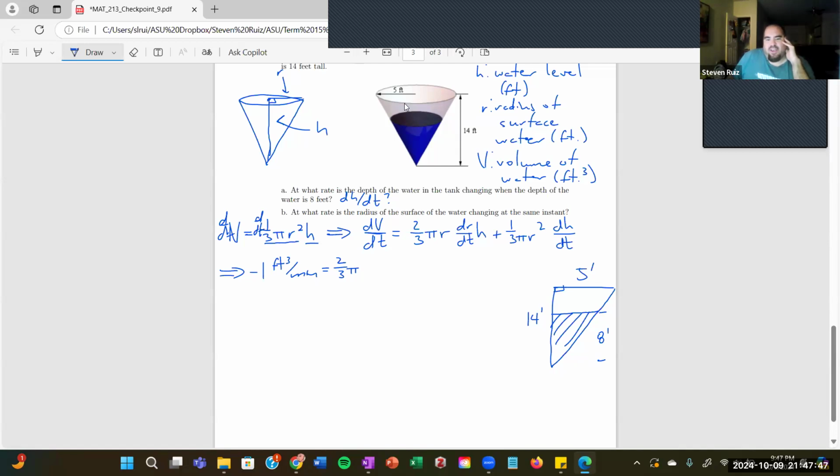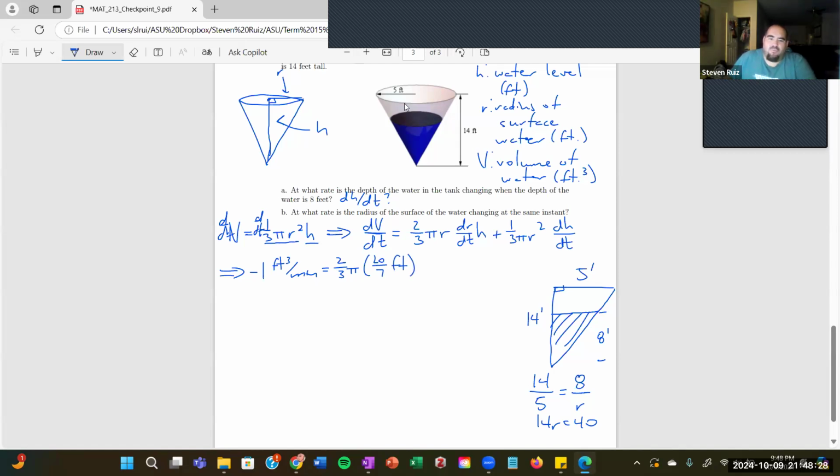The ratio of the height of the tank to the radius of the tank has to be the same as the ratio of the height of the water, that 8, to the radius of the water. If I solve this equation, 14r equals 40, then my radius is 40 over 14. Can I reduce that a little bit? Just a little bit. This is going to be 20 over 7 feet.